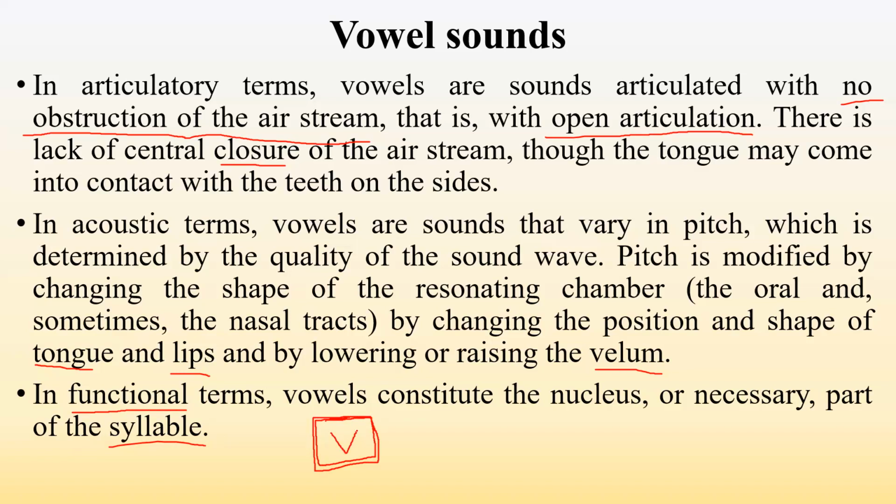For us to identify any particular kind of speech unit as a syllable, there has to be a vowel sound there, right? With or without consonant. So existence of consonant is not compulsory, but there has to be a vowel sound, right? So the vowel forms the nucleus. Nucleus means actually the central part of the syllable.